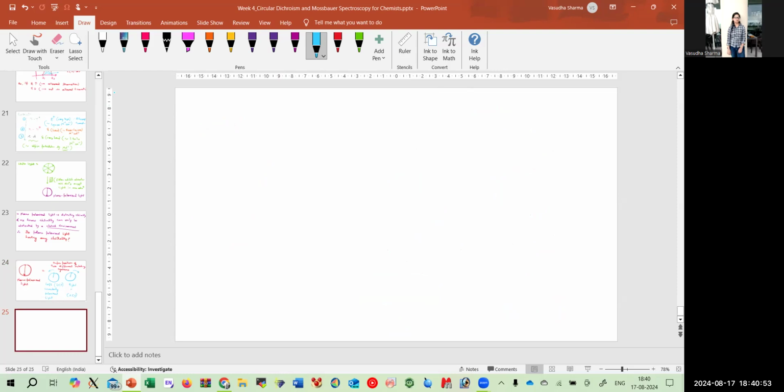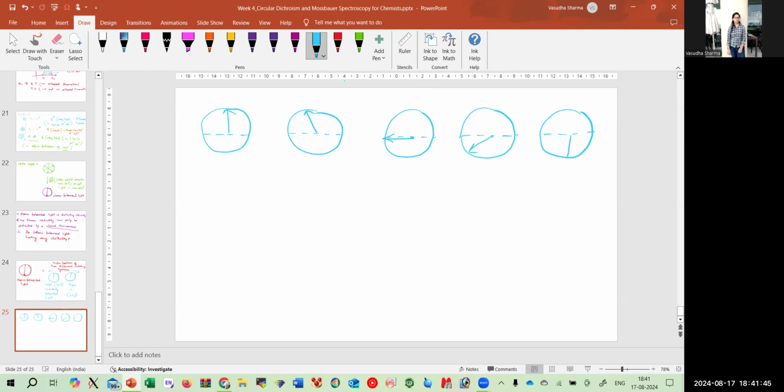We started with this way, and then when it moves to the left side, it comes to center left, then center down, and completely down.